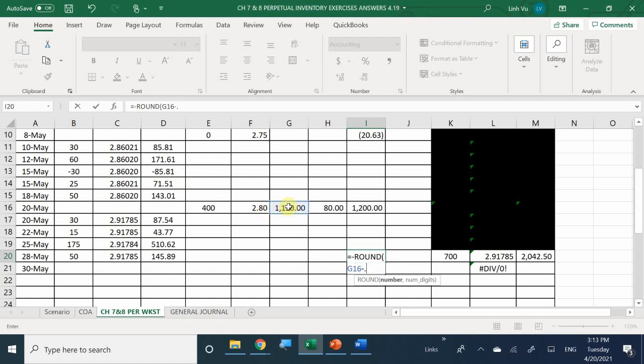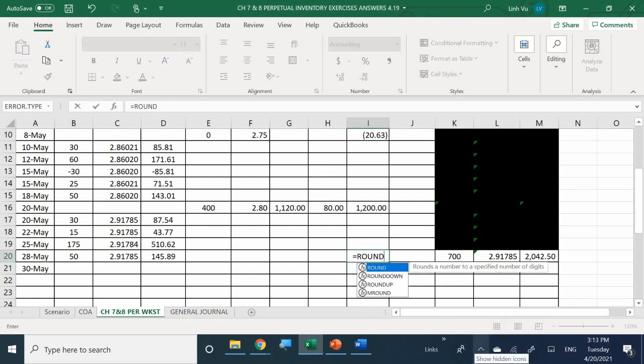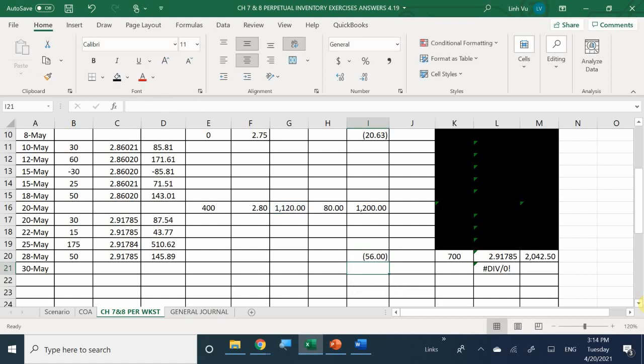I can multiply that by my 5%, right? Comma 2 to give me, let's do that again. Equal round. My 1120 times negative 0.05, comma 2 to give me my $56 discount.